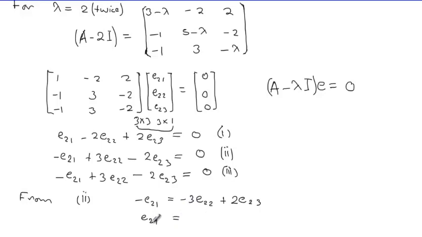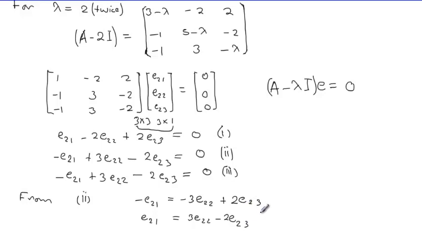This is equivalent to saying E21 is equal to 3E22 minus 2E23. That is the same thing.